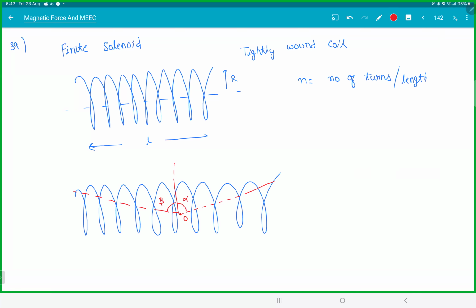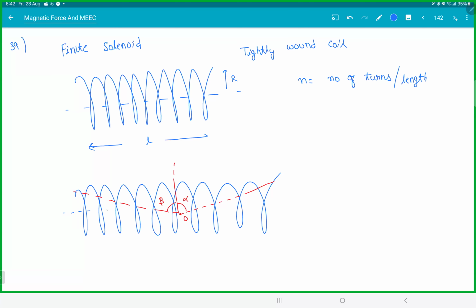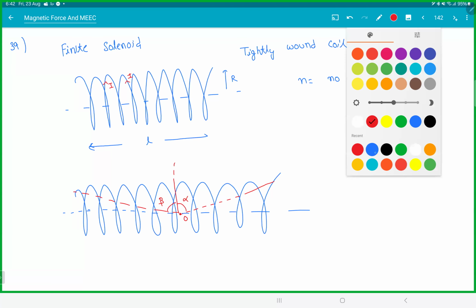So the angle made with the vertical line to the right corner of the finite length is alpha, and the left corner is beta. This O is on the axial line. Now if you're sending current I through this coil, find the magnetic field at O.